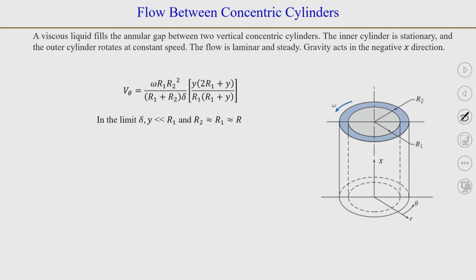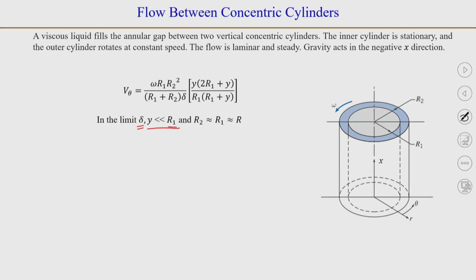and now if we assume that the distance between the cylinders, or the space between the cylinders is very thin, or the film between the cylinders is very thin, the gap between the cylinders, which is delta, is very small when you compare it with R 1.